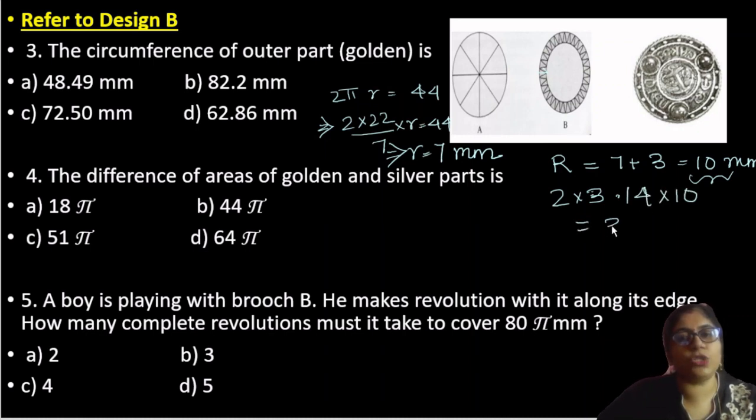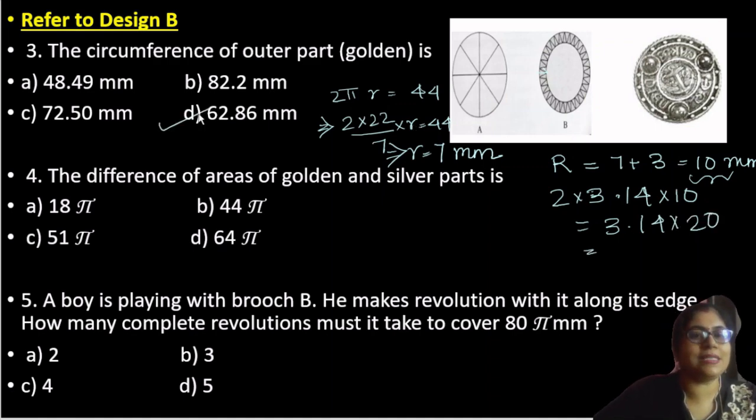So this equals 3.14 into 20. So this is approximately 62.86 mm. It is not exactly 62.86, but it is approximately 62.86 mm. This is the nearest value. So our answer is 62.86 mm.